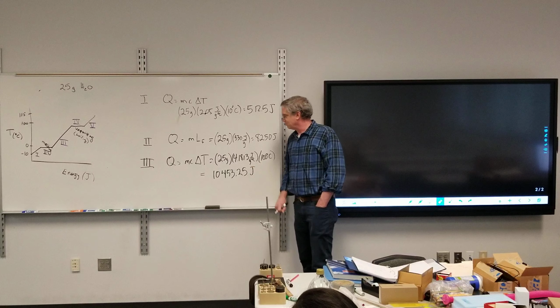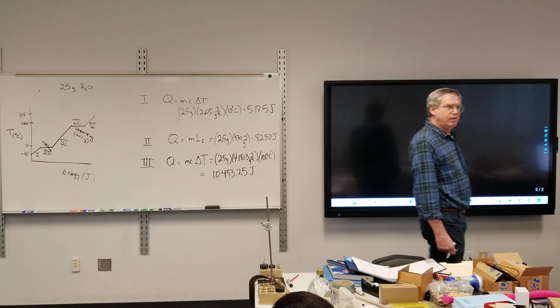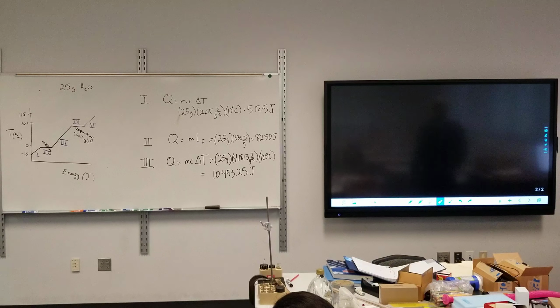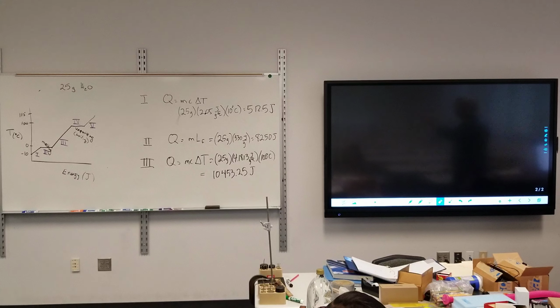Yep. So far, that's the most amount of energy. It takes more energy to raise the liquid water to 100 degrees Celsius than it does to melt it, which doesn't seem too bizarre.